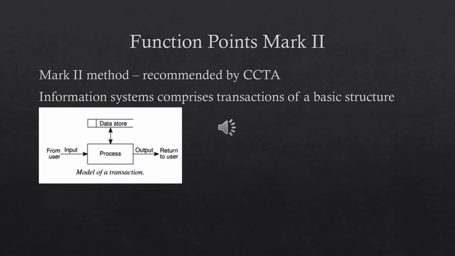According to Albert, the information processing size is initially measured in unadjusted function points, denoted as UFP, to which a technical complexity adjustment can then be applied. The assumption is that an information system comprises transactions which have a basic structure.